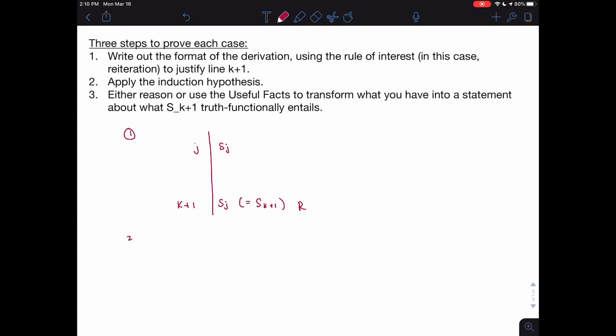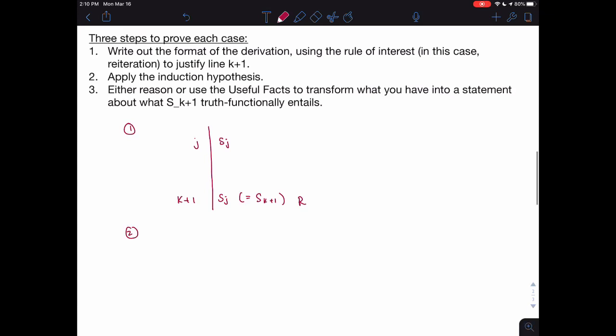Now it's time to apply the induction hypothesis. Remember that we assumed that if you can derive sj from gamma j, then gamma j truth functionally entails sj, for all j less than or equal to k.